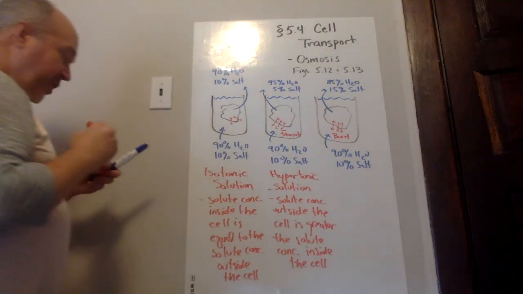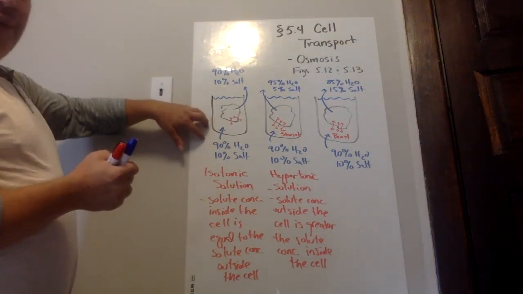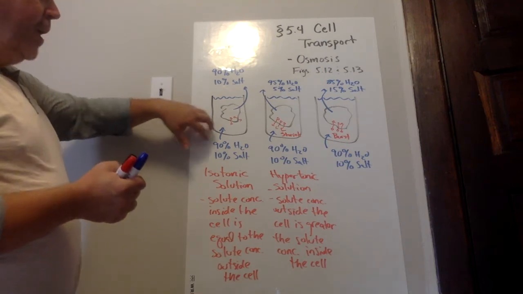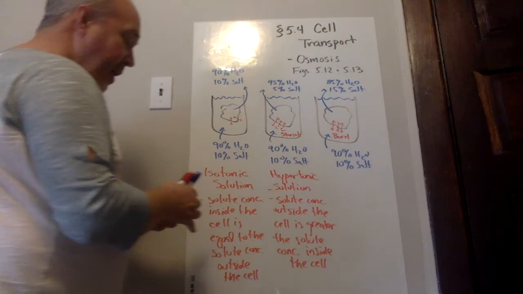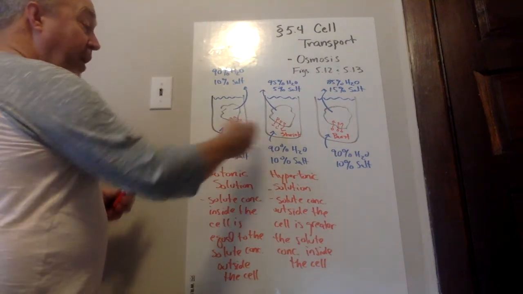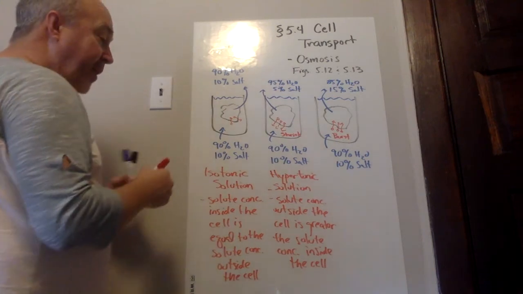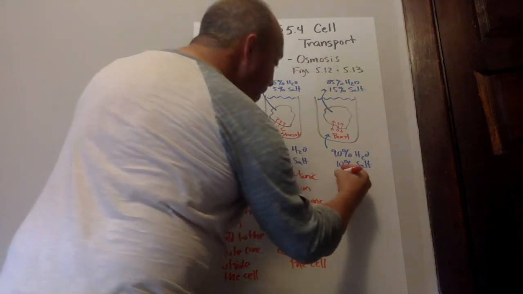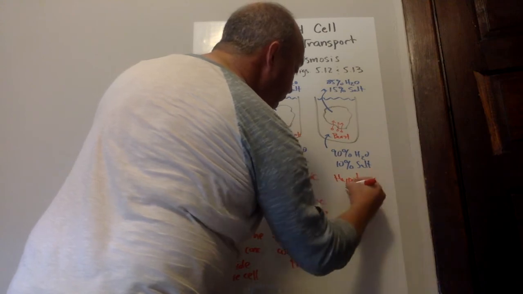So the ideal situation is for all cells to be in an isotonic situation. This is equilibrium. If you get out of balance, you either get hypertonic or hypotonic. You have the chance of either shrinking, not being able to do what you need to do, or bursting, completely obliterating the cell. So this is a hypotonic solution.